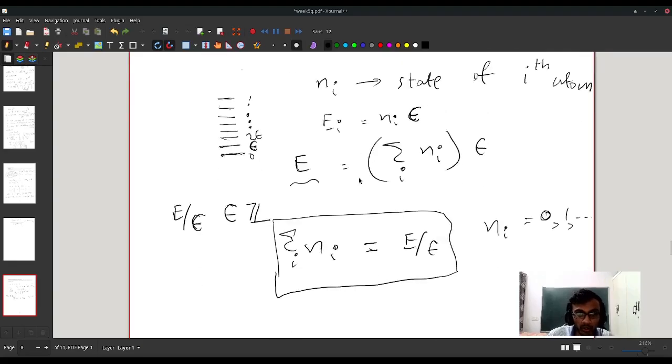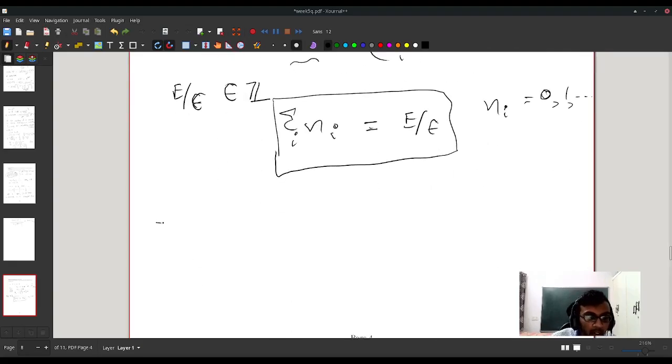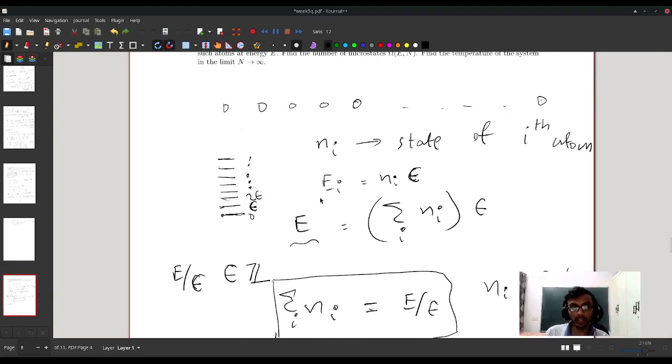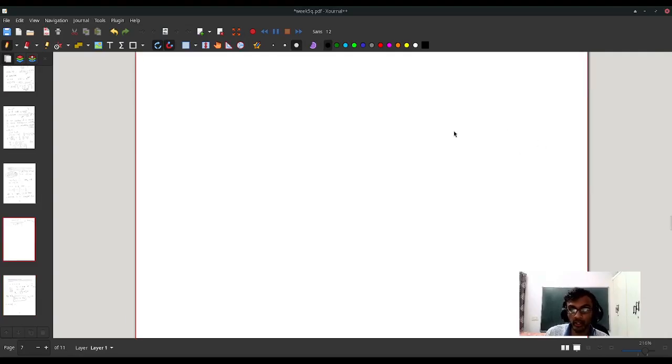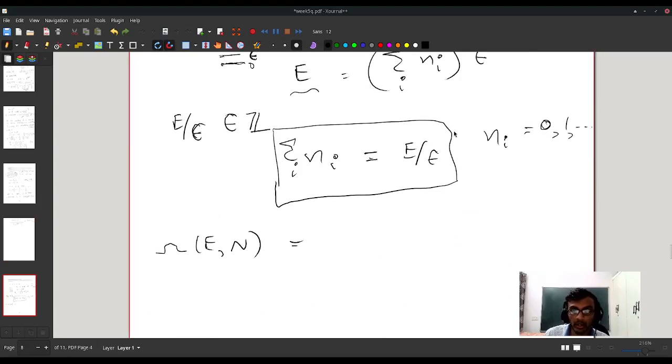So omega of E and N is simply going to be the answer that we derived here, k plus r minus 1 choose k.